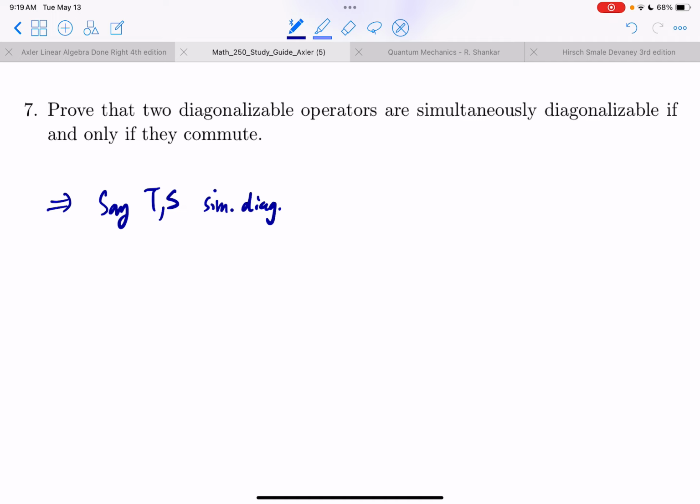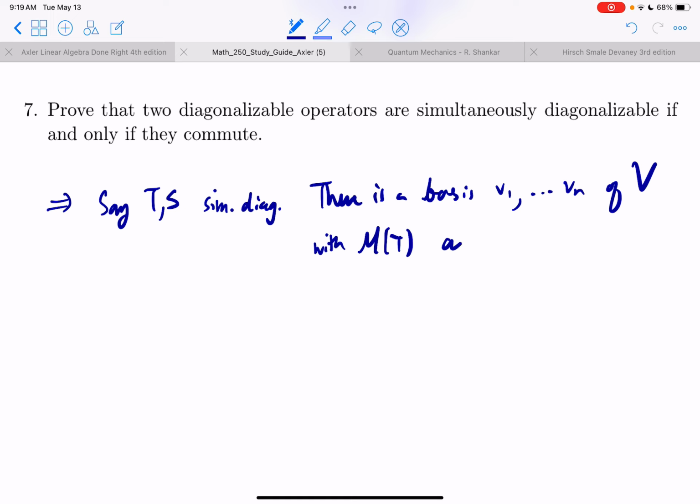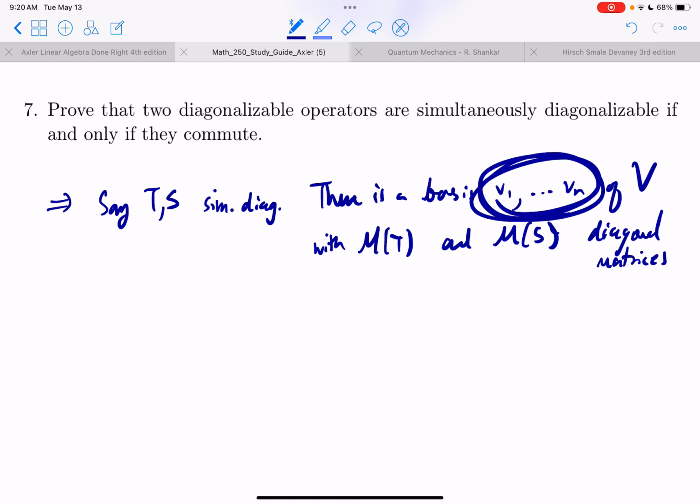There is a basis v1 through vn of V with both M(T) and M(S) diagonal matrices. In other words, this basis consists of eigenvectors of T, and these are also eigenvectors of S.